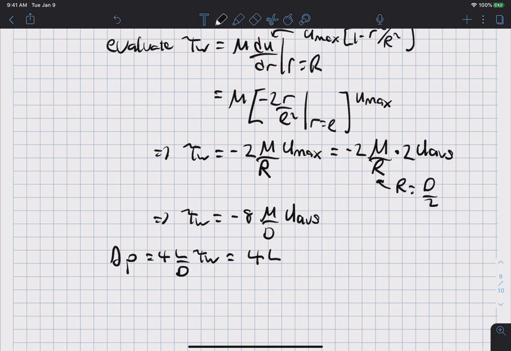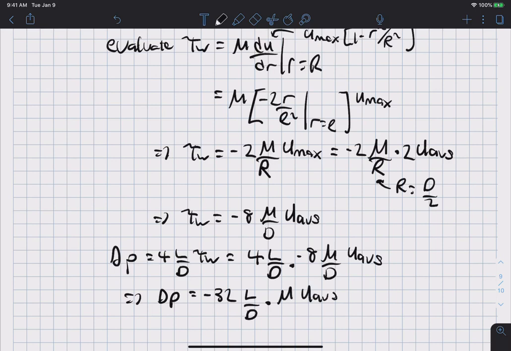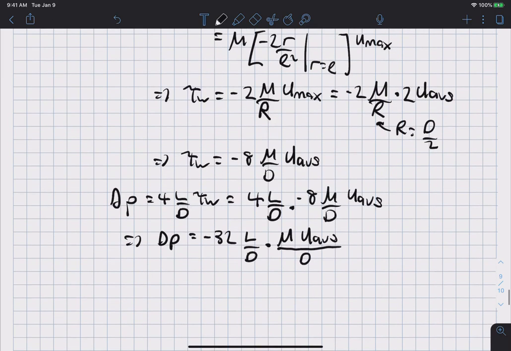So that equals 4 L over D times minus 8 mu times the average velocity over D, or delta P equals minus 32 L over D times mu times the average velocity in the channel, or the tube I should say, over D. Okay, and I'm writing this in kind of a funny way because we're going to simplify this in a bit later on.